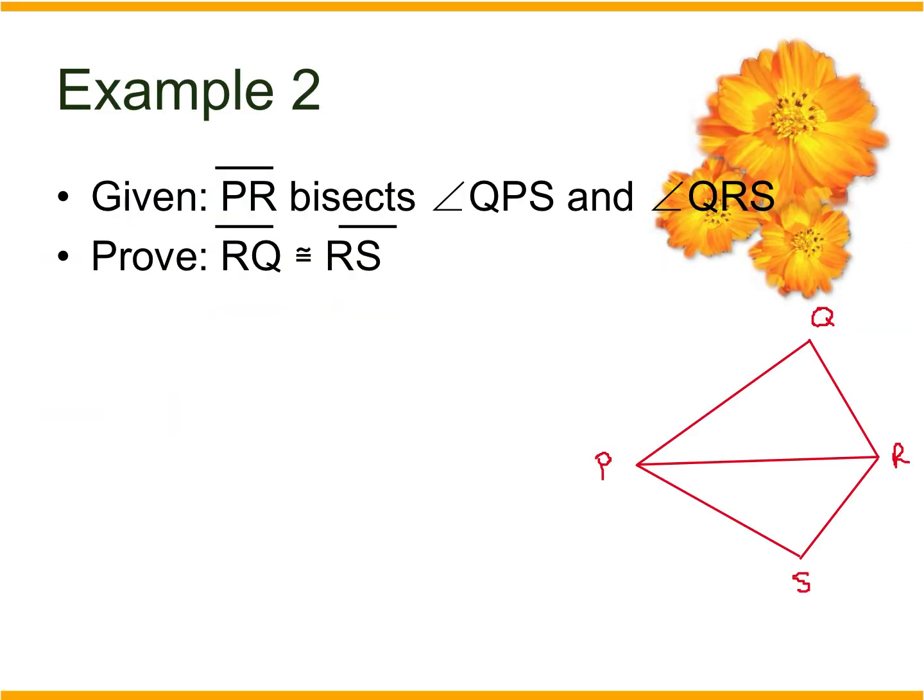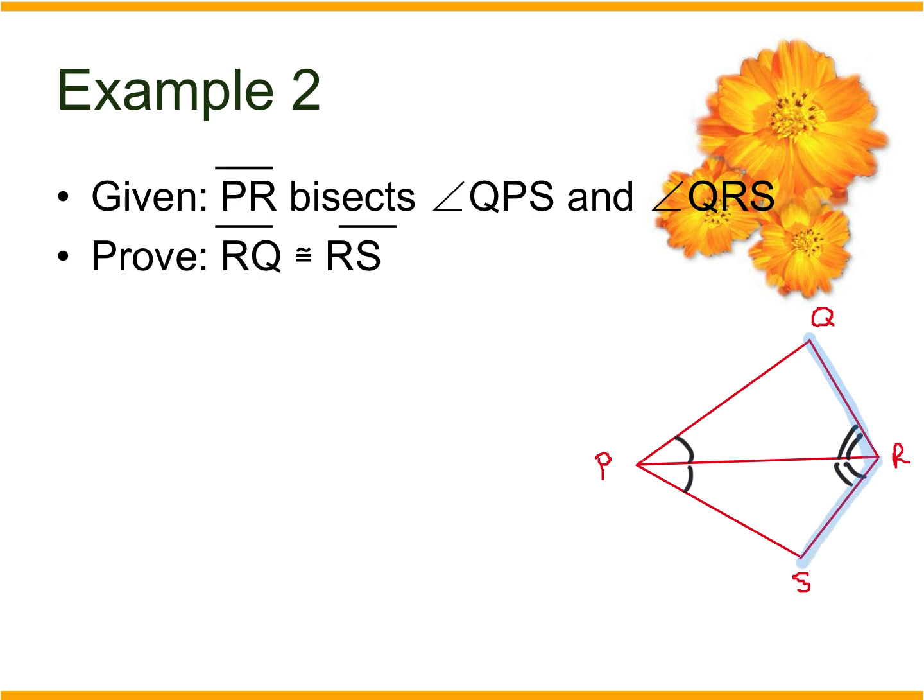All right, so we're doing example 2, which is given PR bisects angle QPS. So again, these two angles are congruent, and angle QRS, so these two angles are congruent. We want to prove that RQ, this segment right here, is congruent to RS.